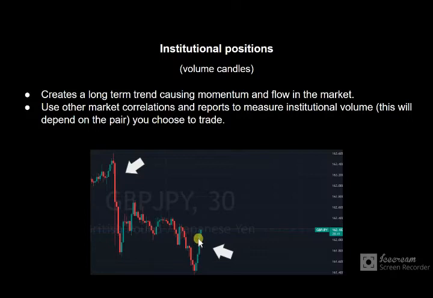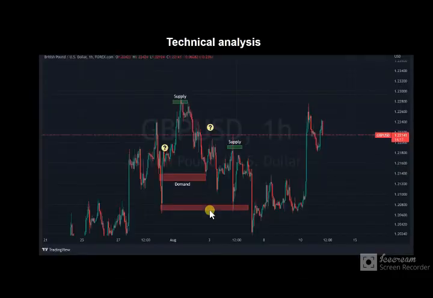And it looks like it's running right through this area, but possibly it can consolidate again, or it can consolidate here and shoot back up, creating another supply zone. But this is also considered an opportunity to trade. And I'll get into that again in a moment, but I'm going to go ahead and move on from there.